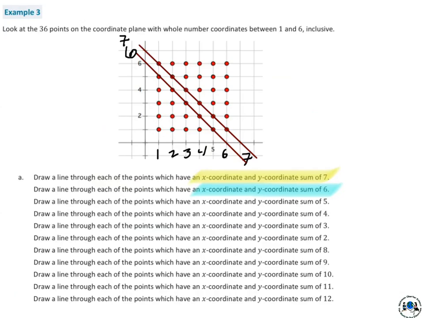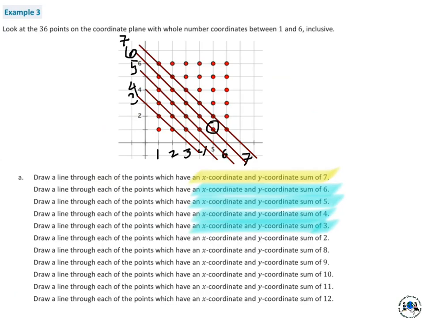You can see, for example, the point 5, 1 right here. Right. Next was sum of 5, which is right there. Sum of 4, sum of 3. I forgot to fill those in. There we go. Sum of 2, right there. Okay.